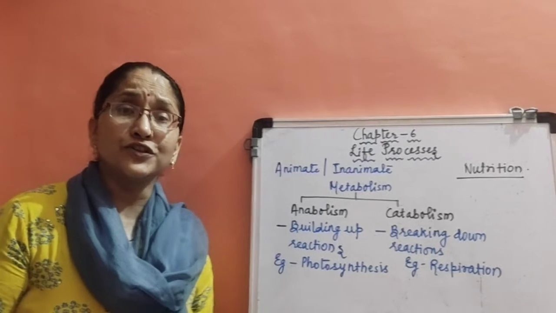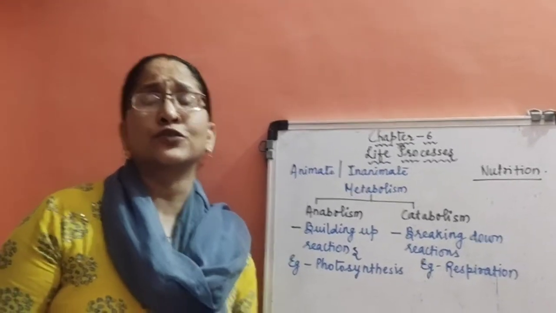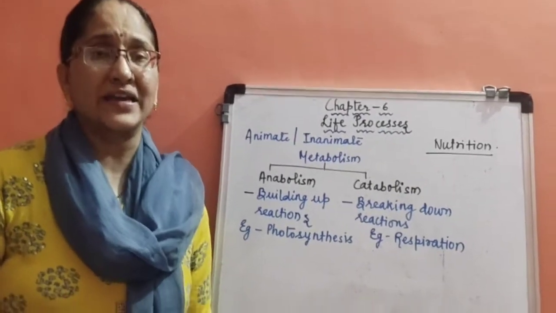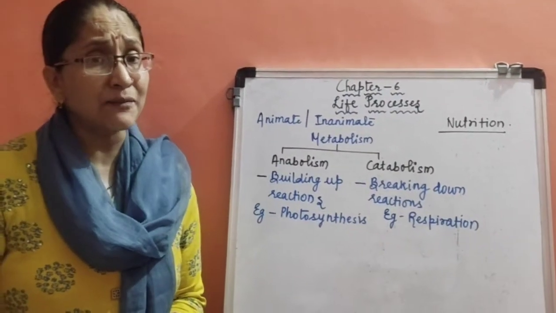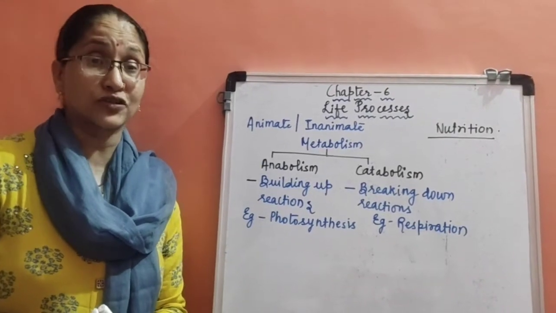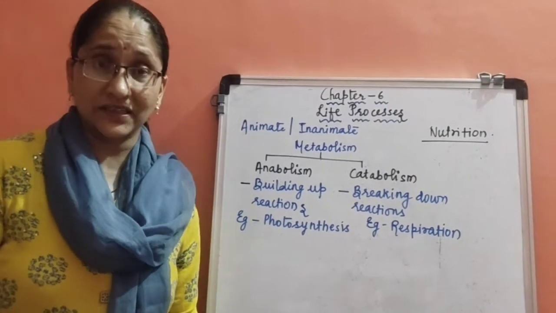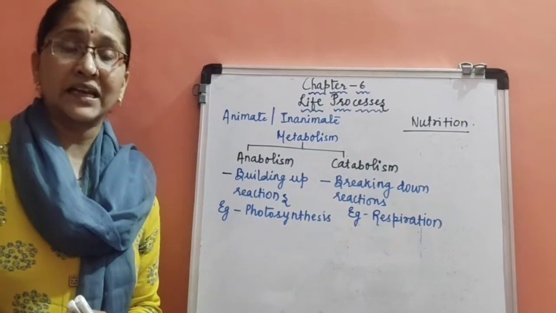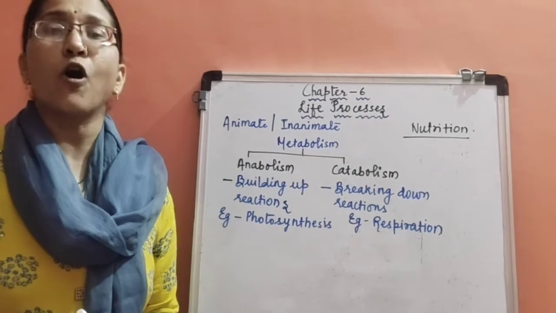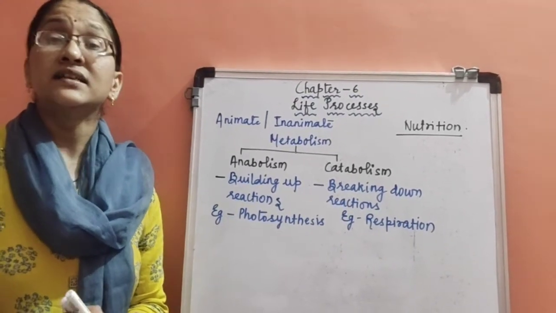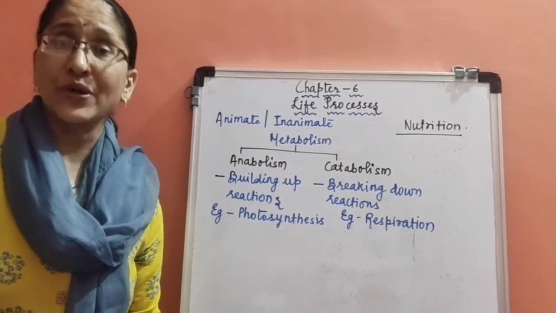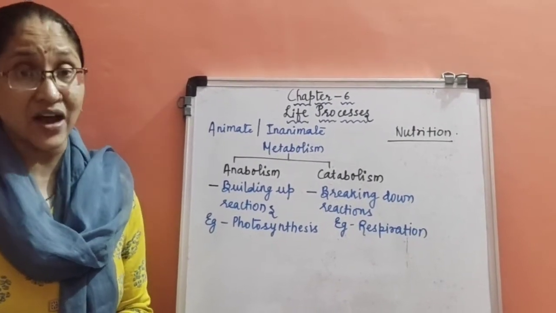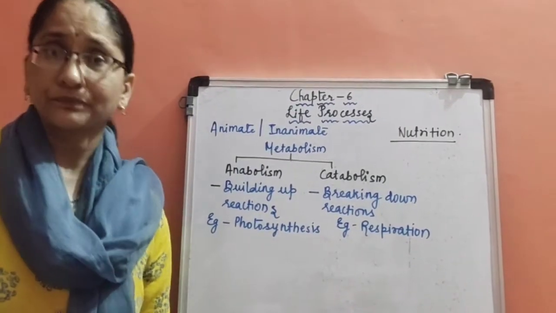Nutrients could be those substances, inorganic or organic, which provide us energy. Organic substances are products of living, whereas inorganic substances are not. So nutrition is basically the process of intake of these nutrients so as to provide energy to the body so that the body can carry out various activities.